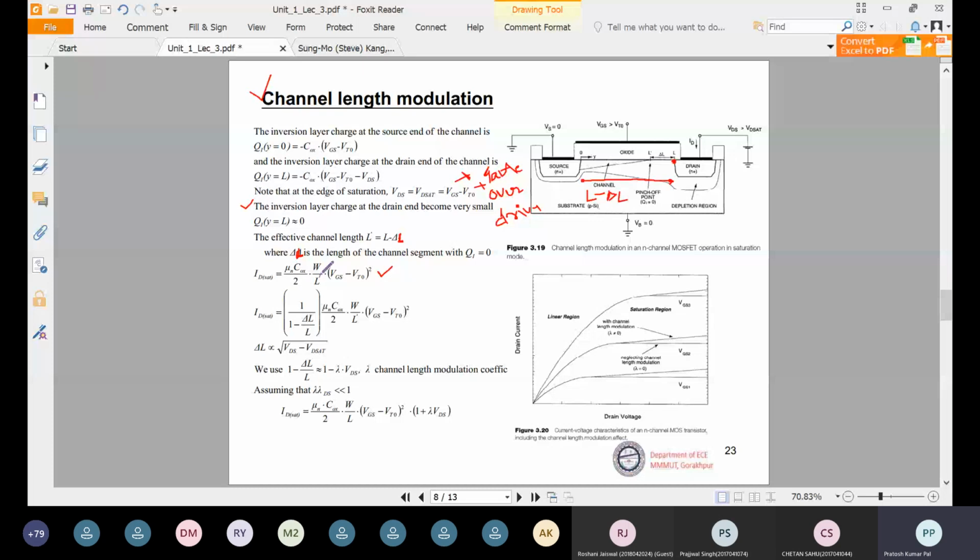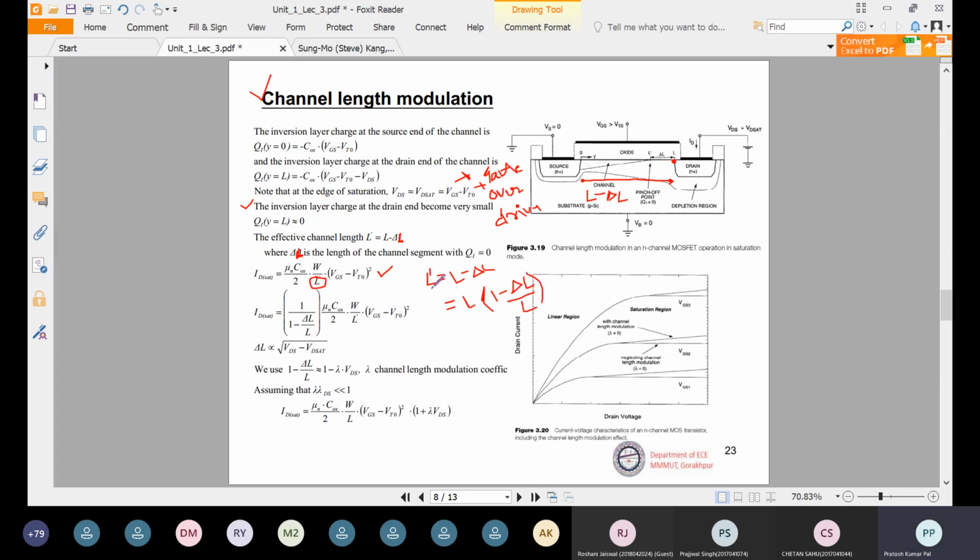But instead of L, we should be writing L dash, and that will be equal to L minus delta L. Okay, so from there, suppose we are taking L out, it will be 1 minus delta L divided by L.